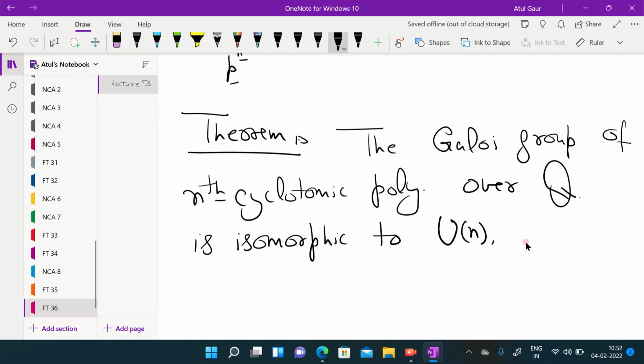What is Un? The multiplicative group of units in Z mod nZ.